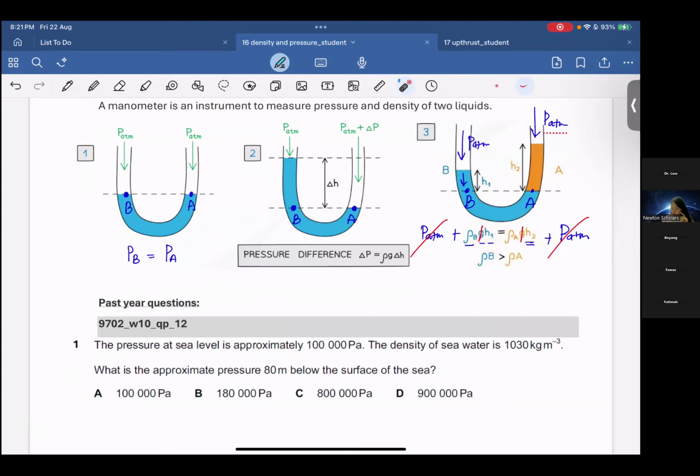Okay, this one H1 is small, that means this density is high. The H2 is high, that means the density is smaller. Based on this, actually, we can calculate the density. But in theory, we just roughly know that the shorter the height, the higher the density will be.